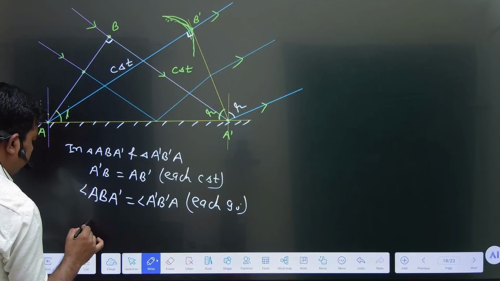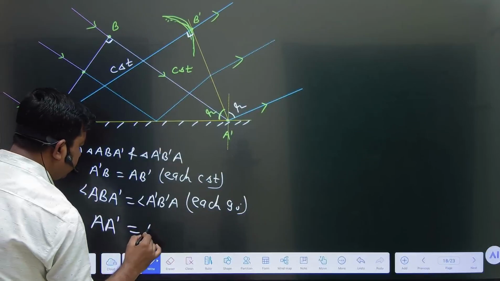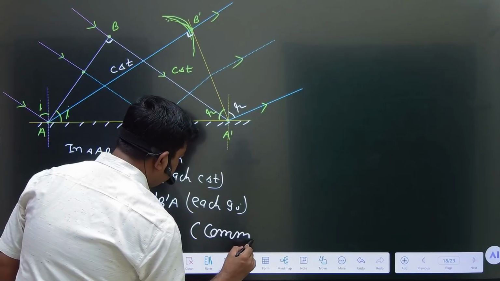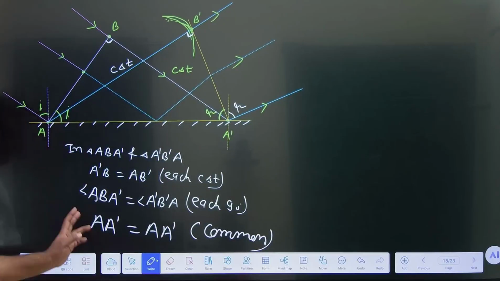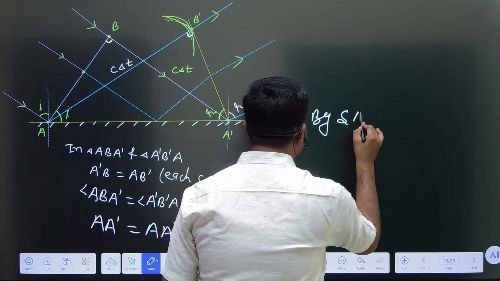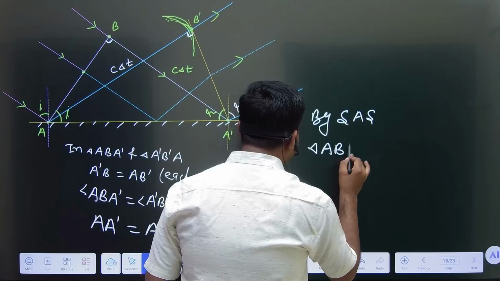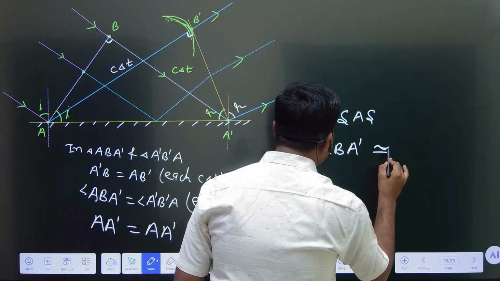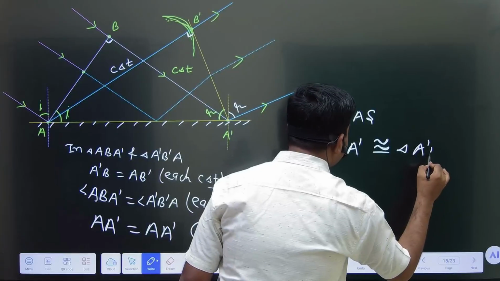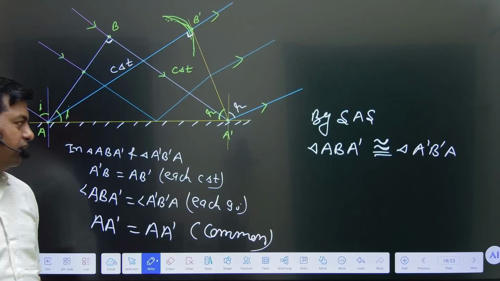Next property: A A dash is common side in both triangles. So by SAS, side angle side congruency, triangle A dash B A is congruent to triangle A dash B dash A.